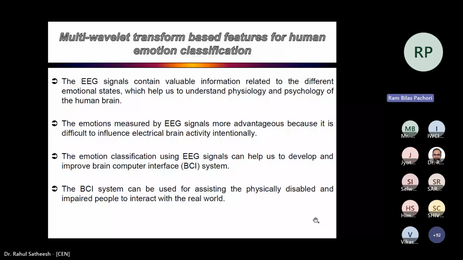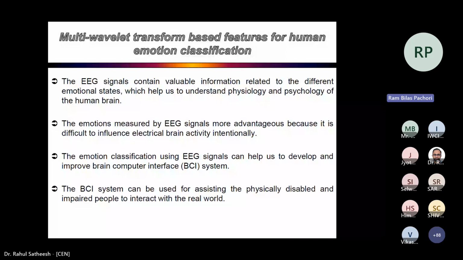The EEG signals contain valuable information related to different emotional states, which helps us to understand the physiology and psychology of the human brain. Emotions measured by EEG signals are more advantageous because it's difficult to influence electrical brain activity intentionally. On the other hand, face images can be manipulated, and speech also can be modified.